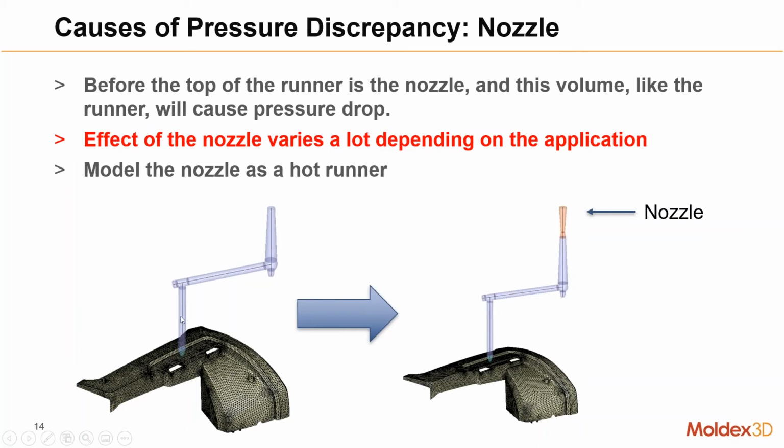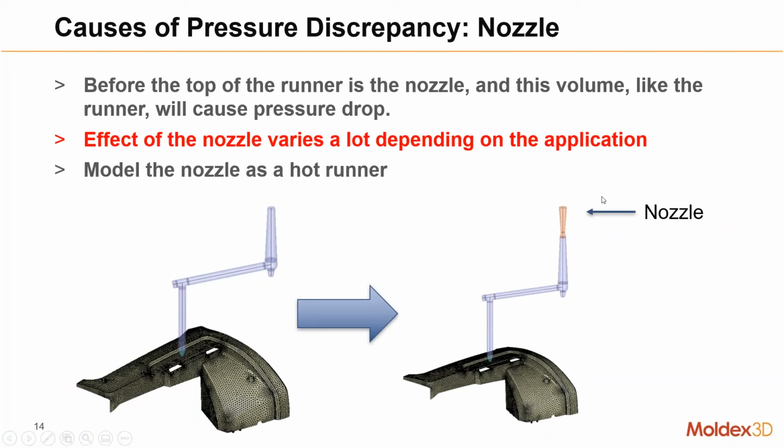So we have the part, we have a gate, we have the runner, but we traditionally want to include the nozzle that we're using in reality. So in order to inject the material into the part, you need to have some sort of nozzle geometry in order for that material to break off between the cold runner and the machine.